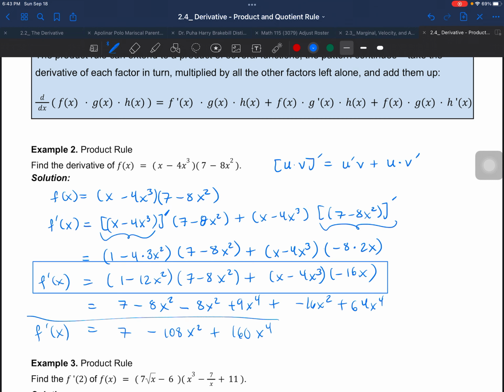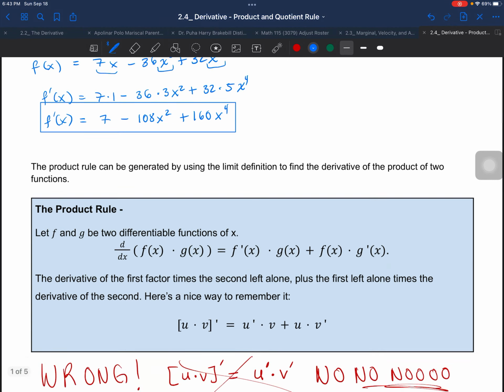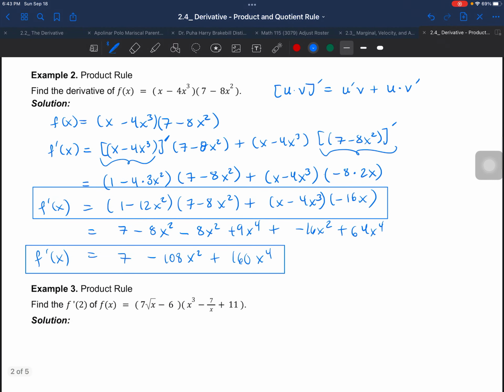If you compare, this is the same answer as above. So we end up getting the same answer. But again, this is okay with us. Just leave it in here. There's no need for you to continue with this distribution. Anyway, that's pretty much it for this problem using the product rule. I'm going to stop the video here and continue with the next one.